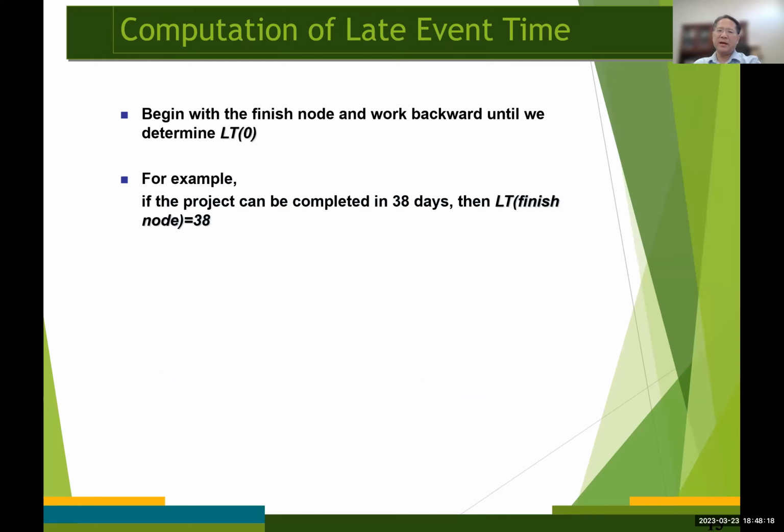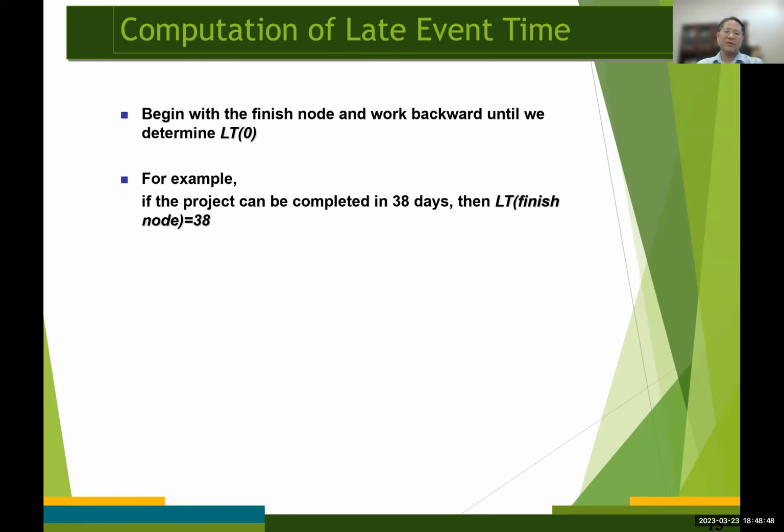Okay, and the latest time, or the late event time, is represented by LT. And to find the latest time for each node in the project network, we begin with the finish node, okay? And work backward in descending numerical order until we determine the latest time for the start node.